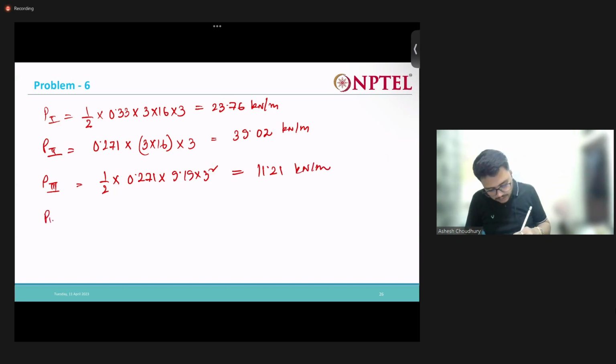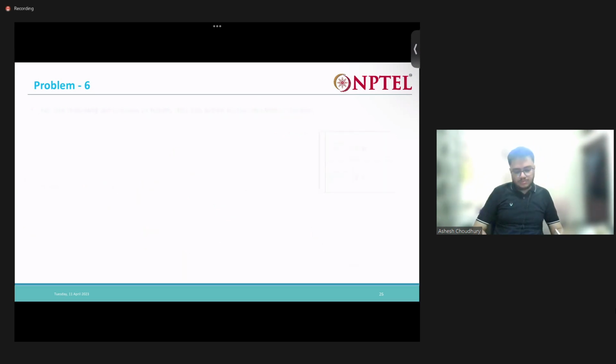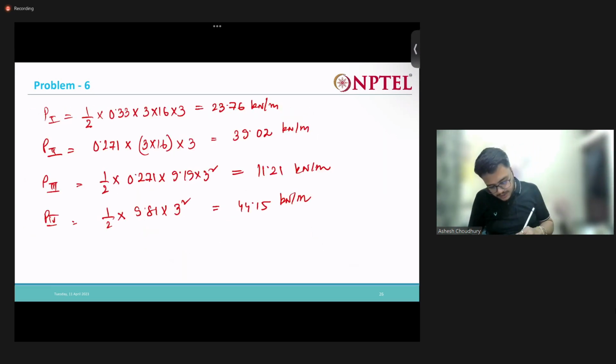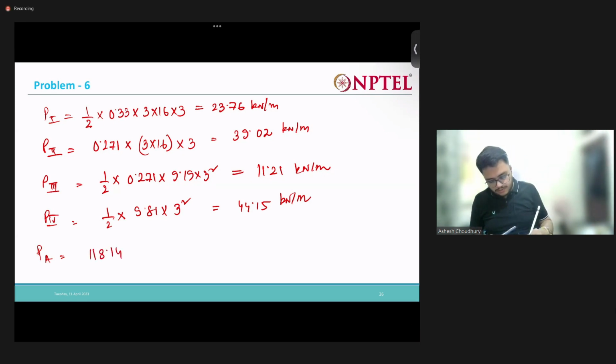And at last P4 half into 9.81 into 3 square, 44.15, right? So total PA how much if we add all this? 23.76 plus 39.02, 118.1.